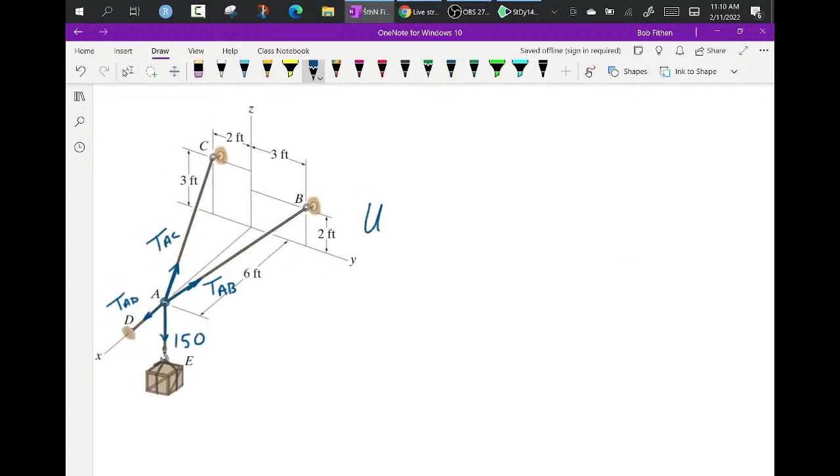So let's go in here and find, AB. Well, it's just the vector from A to B over its own magnitude. So I'm just going to start trying to figure out that one.